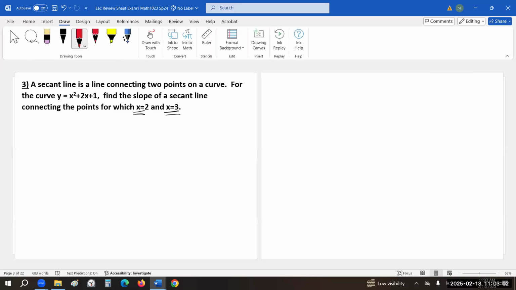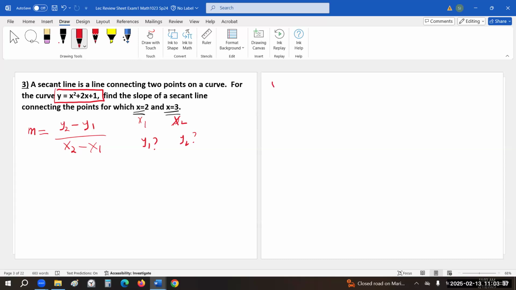In order to find the slope, we need the formula y2 minus y1 over x2 minus x1. They gave us x1 and x2, but they did not give us y1 or y2. So we are going to substitute x1 and x2 into the function they gave us, and then find out what y1 and y2 are for these x's.